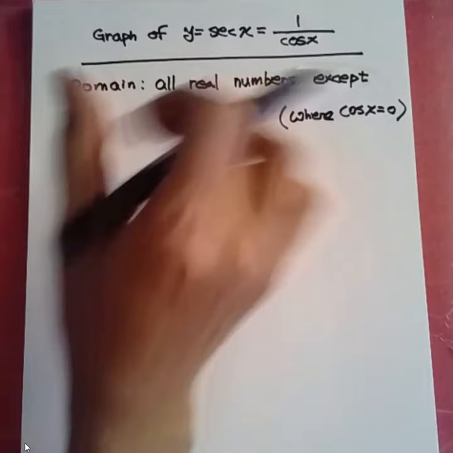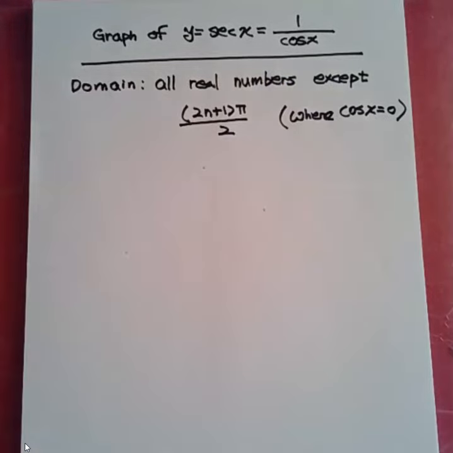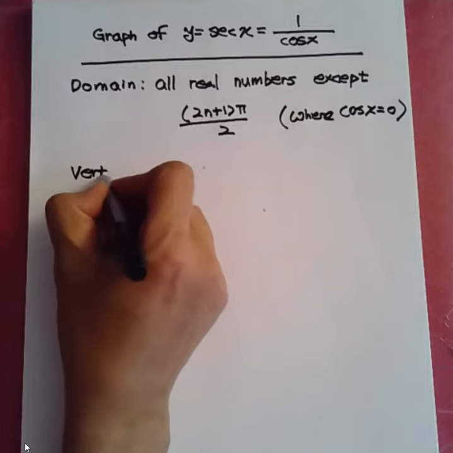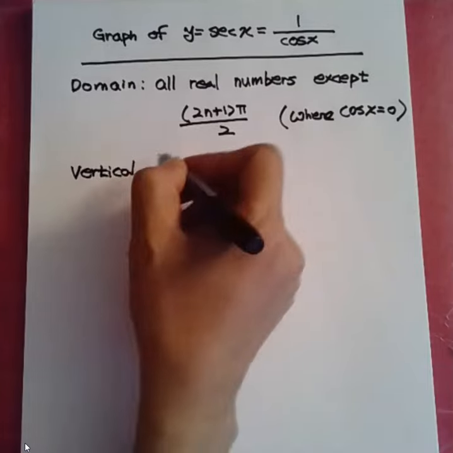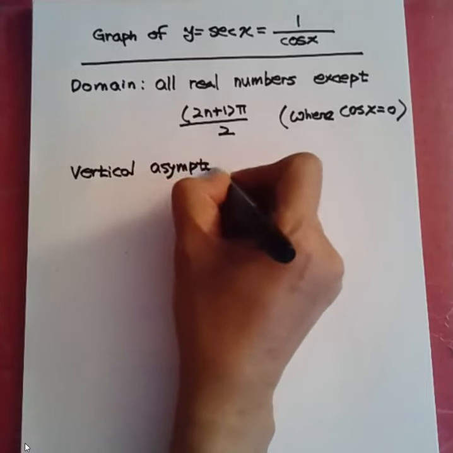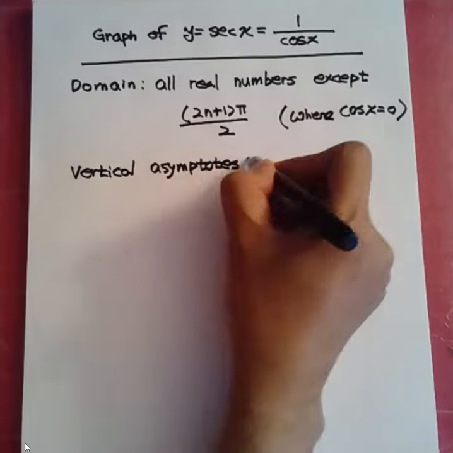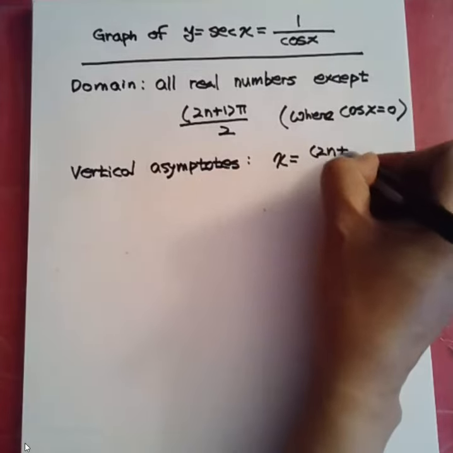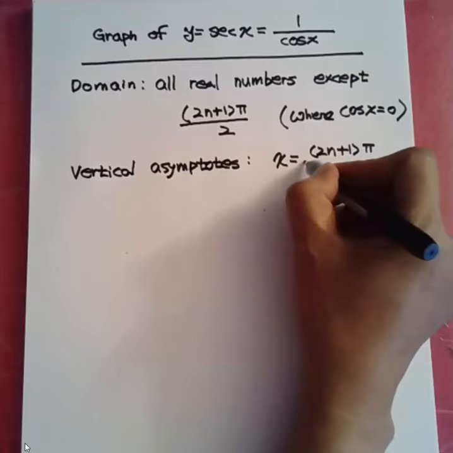This point where the function is undefined will make the vertical asymptotes. So that is x equals 2n plus 1 pi over 2.